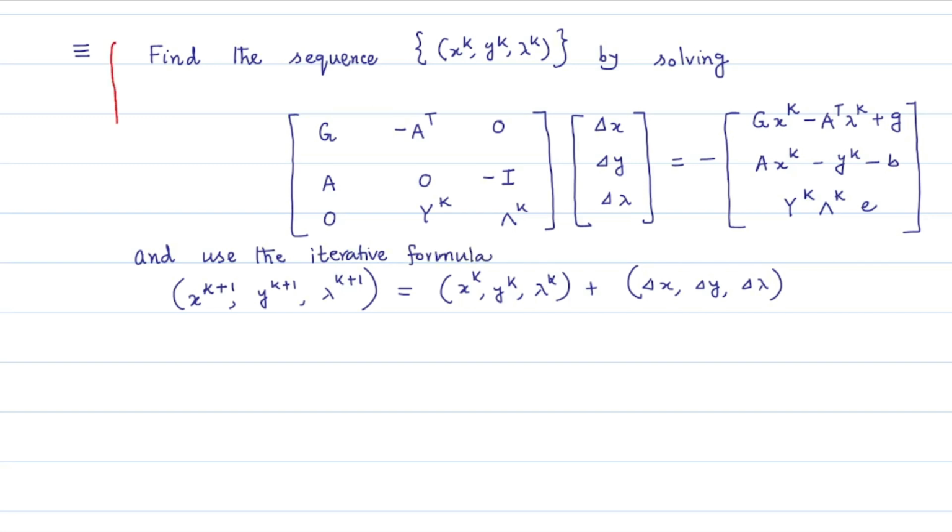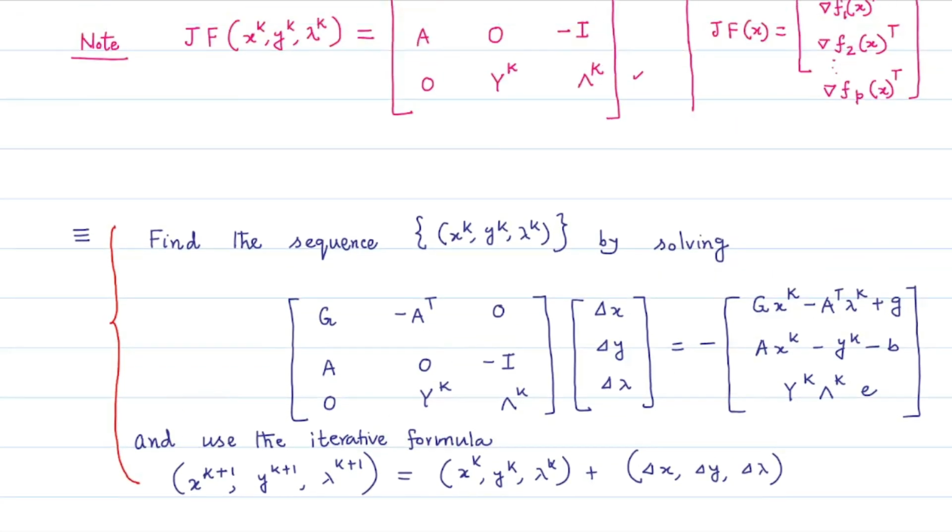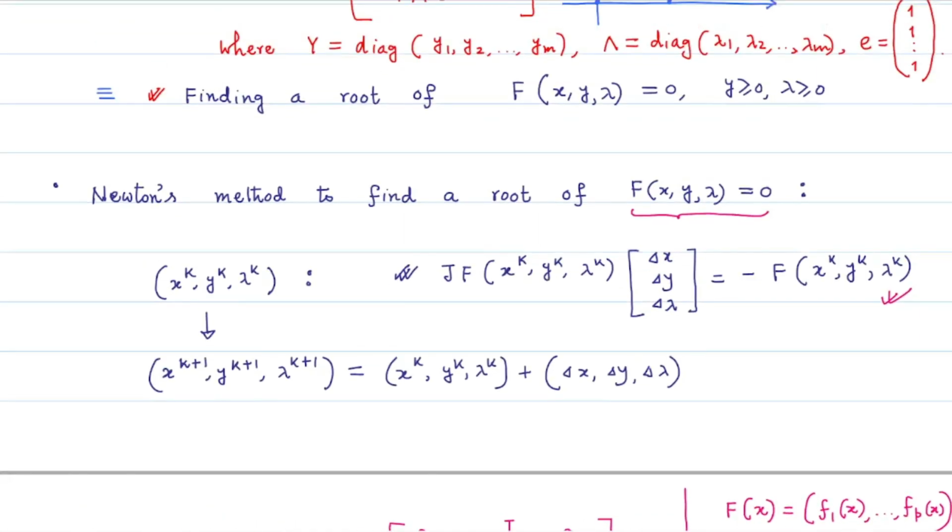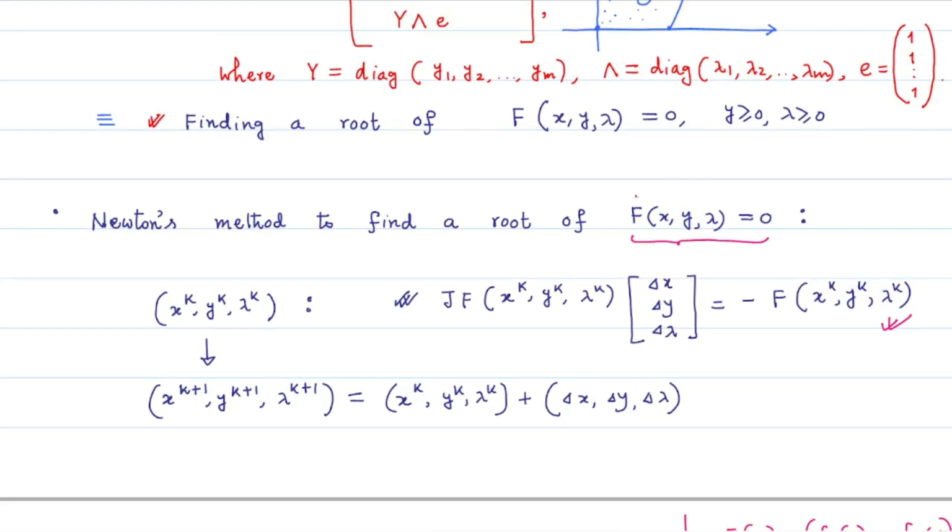So this is precisely the Newton scheme, the Newton's method to find a root of this f x y lambda is equal to 0.